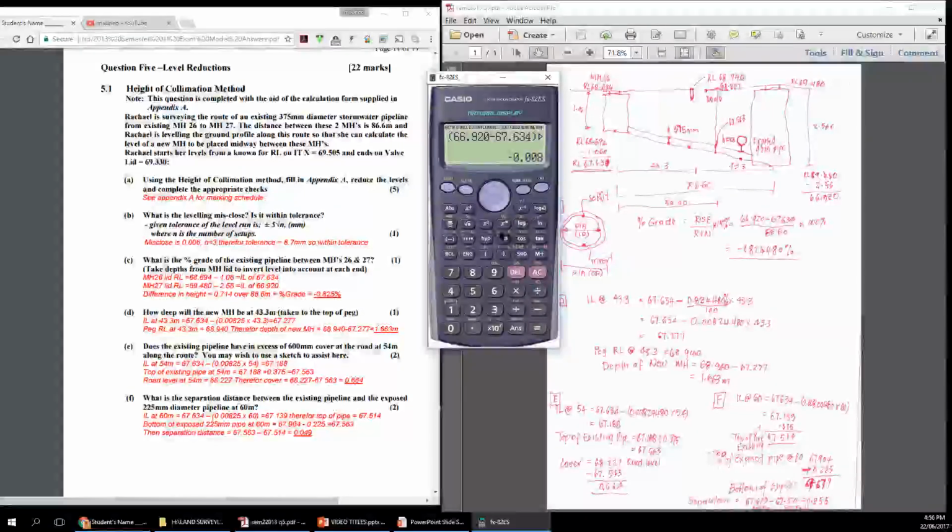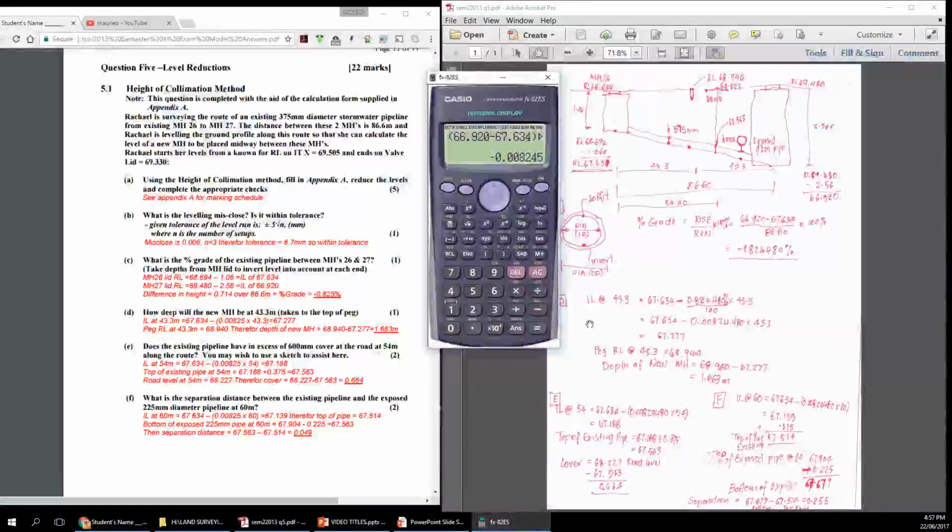For grades, you want more than 3 decimal places, so shift mode, fix 6, and hit that there. So we get minus 0.008245.